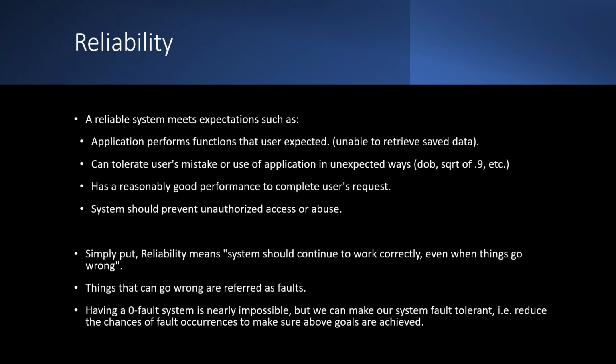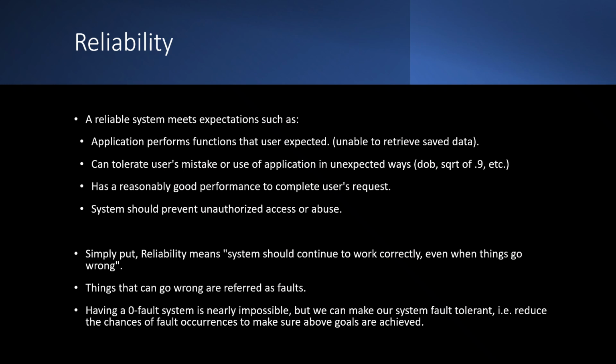The faults could be anything. User provided input could be invalid, or the database that we are using to store all the photos can get corrupted, or the data center where we have kept the database has suffered a power blackout and is not able to serve any request from the user. All these are faults which can occur in any system, and our goal is to make our system as fault tolerant as possible.